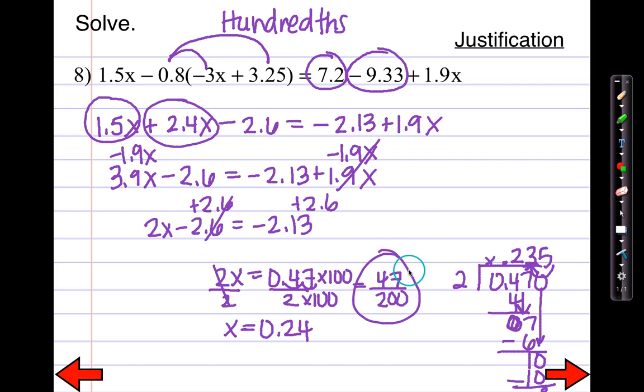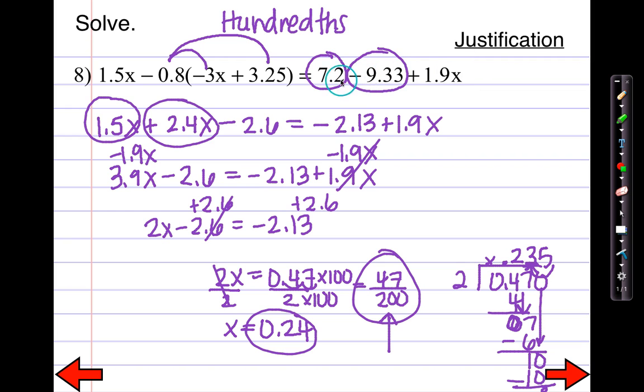So here, it's really important to understand, this is an exact answer. This is an estimation, okay? Now this one did work out nicely. It ended up being 0.235, which is 235 thousandths. But now the thing to understand is that might not always happen, so be very careful.